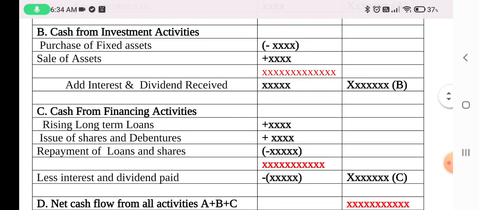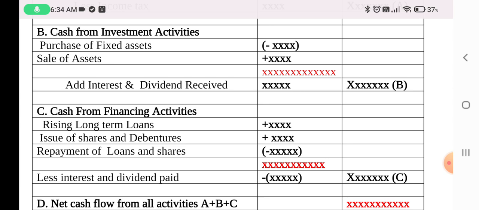Already I told you there are three types of transaction. One is operation-related transaction, another is investment-related transaction. It is purely related with the fixed assets. If you buy fixed assets, the cash is going out, so it is put with a minus sign within brackets.